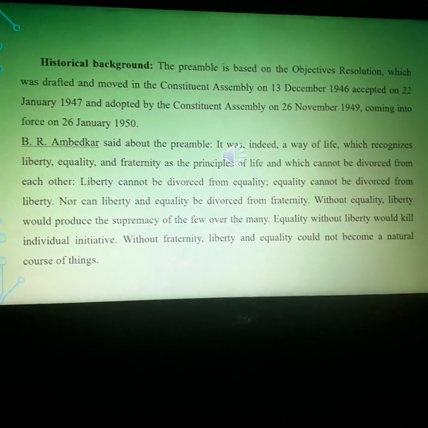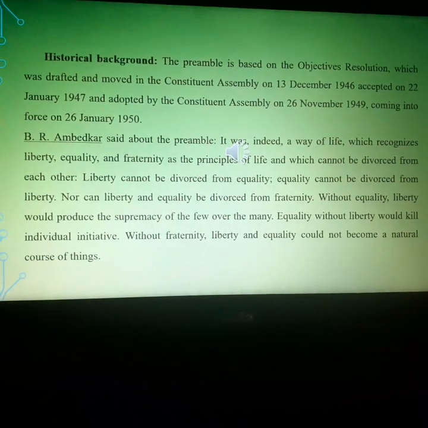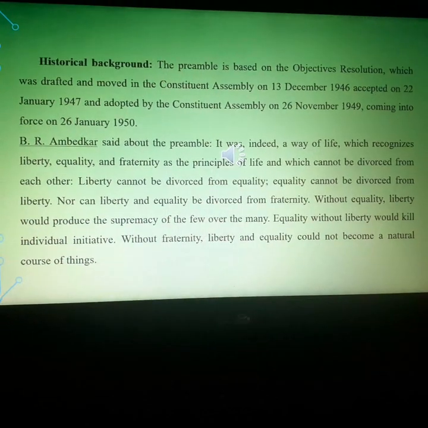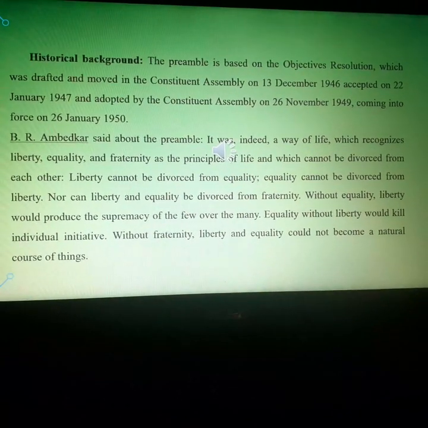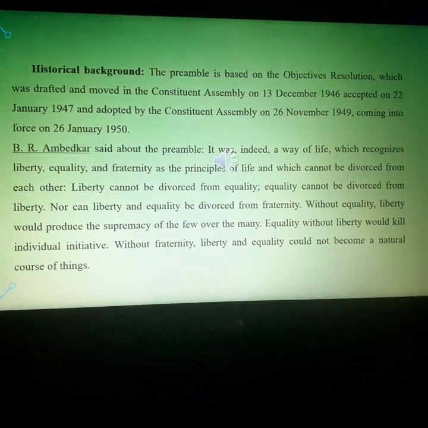B.R. Ambedkar said that the preamble is indeed a way of life which recognizes liberty, equality, and fraternity as the principles of life, and which cannot be divorced from each other. Liberty cannot be divorced from equality, equality cannot be divorced from liberty.